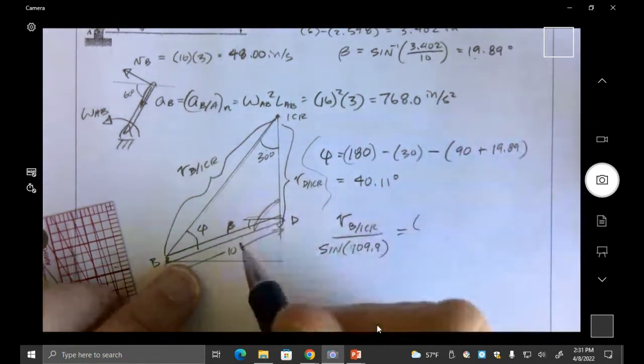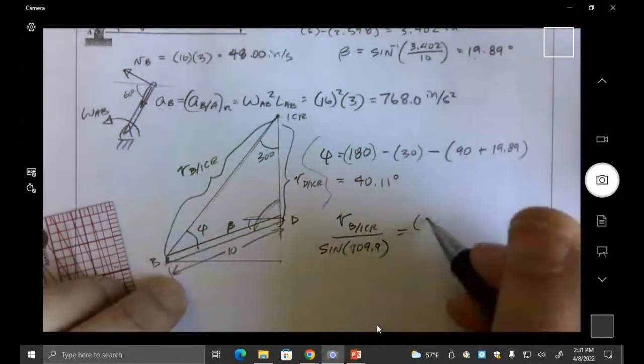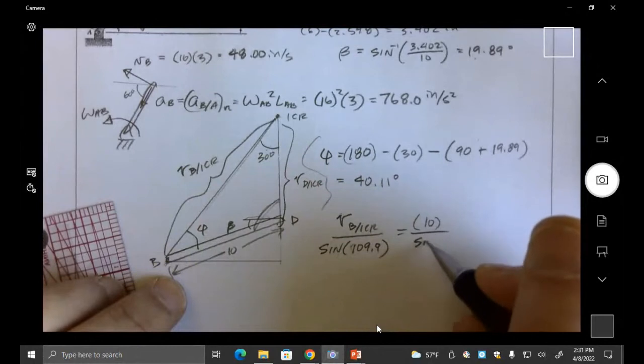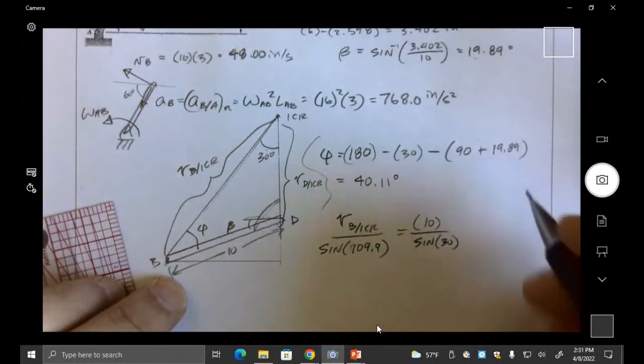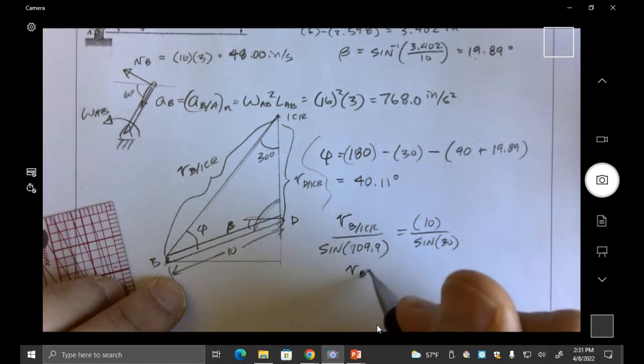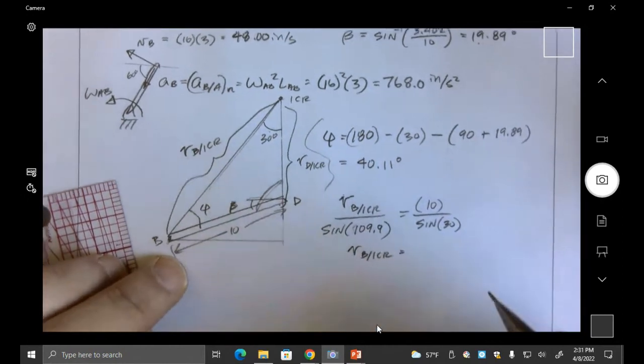And we want to take the length of this, which is 10, and divide that by the sine of 30. So RB with respect to ICR.